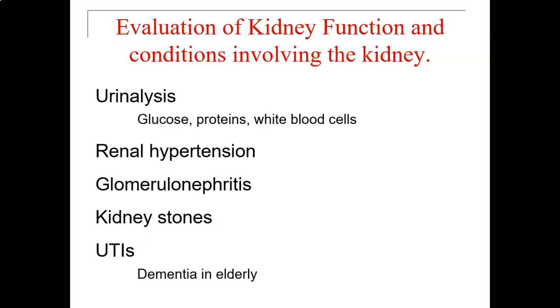Something else, proteins. As I mentioned, post major surgery, in puberty, a small amount of protein in the urine first thing in the morning is relatively normal. But large amounts of proteins in the urine, that's problematic. That's abnormal.